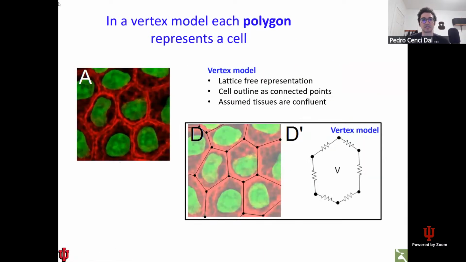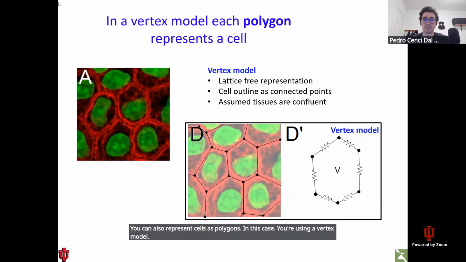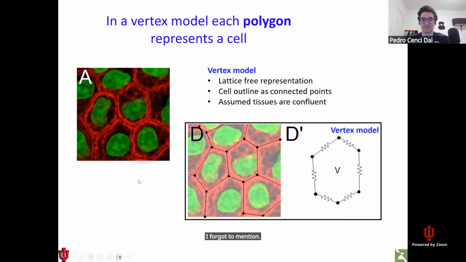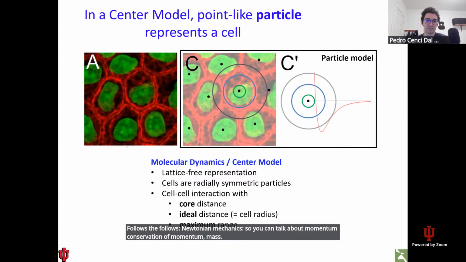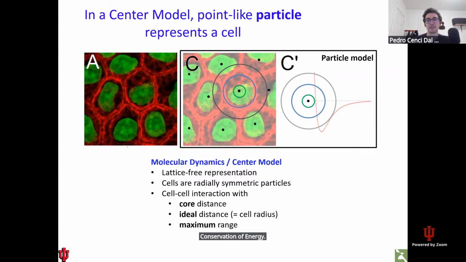You can also represent cells as polygons. In this case, you're using a Vertex model. Oh, I forgot to mention before I jump here: the point particle approach follows Newtonian mechanics. So you can talk about momentum, conservation of momentum, mass, conservation of energy, these kinds of concepts.